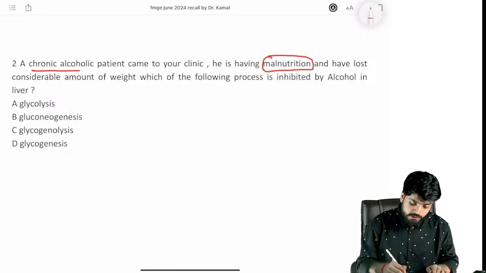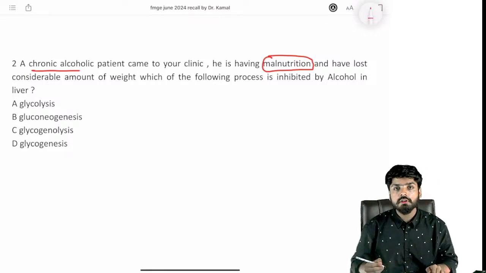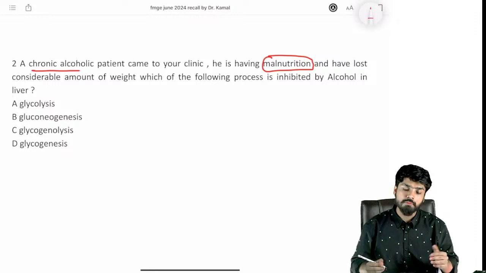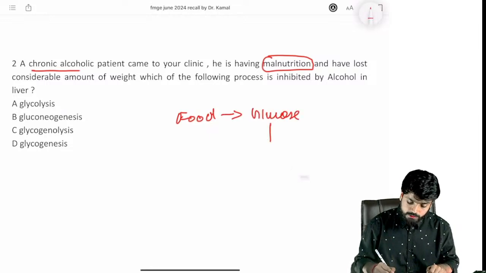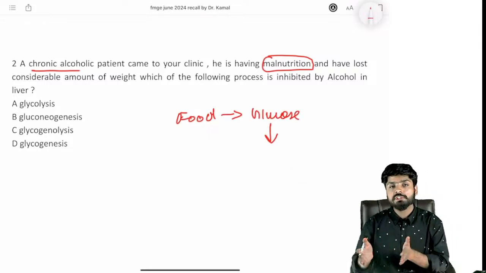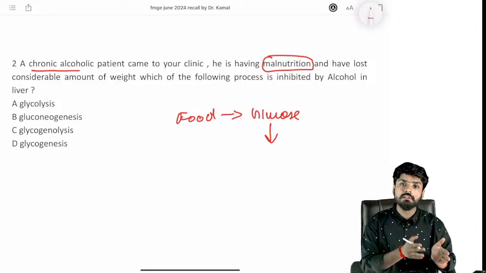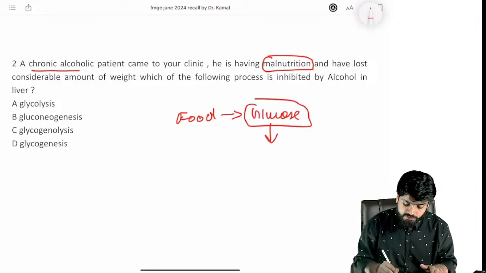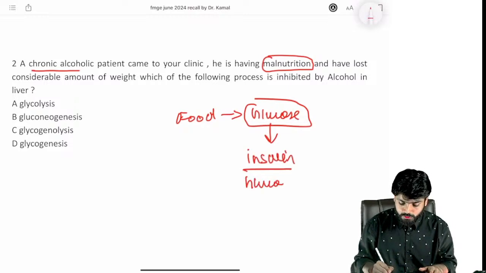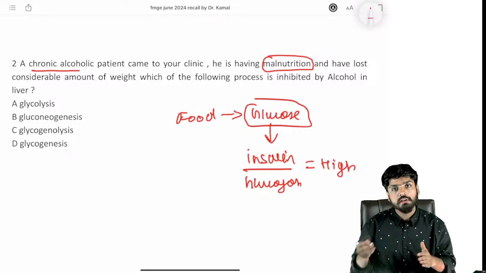Now you have to understand that whenever we take food, we provide some things to our body, and the end product is calories. Whenever we eat food, food is converted into glucose, and then this glucose shifts the equilibrium of hormones from one side to another. Like in the fed state, we will have a high insulin to glucagon ratio, which will favor glycogen synthesis.